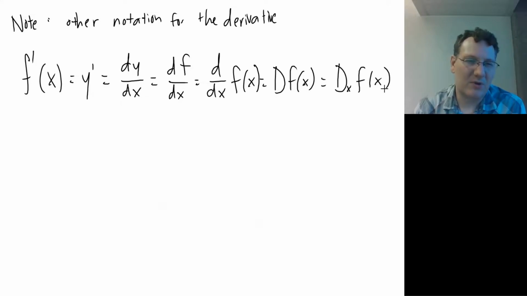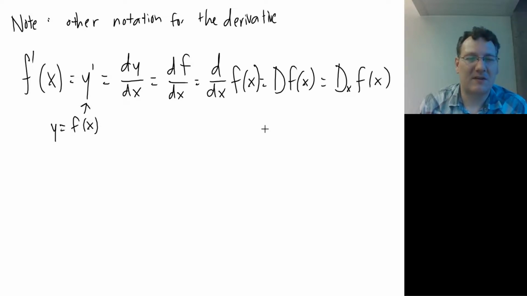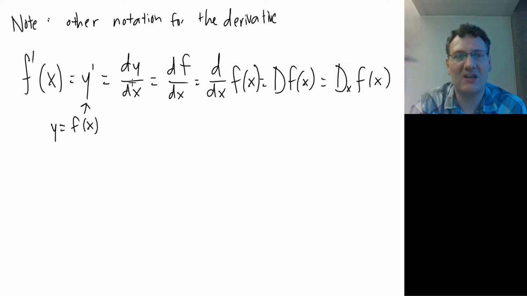Here, I just want to note a few other notations you'll see here and there for the derivative of x. Because we sometimes say that y equals f of x, that's going to give us this y prime as a notation. Now, sometimes we write dy over dx, which is like saying what's the change in y for an instantaneous change of x per change of x.